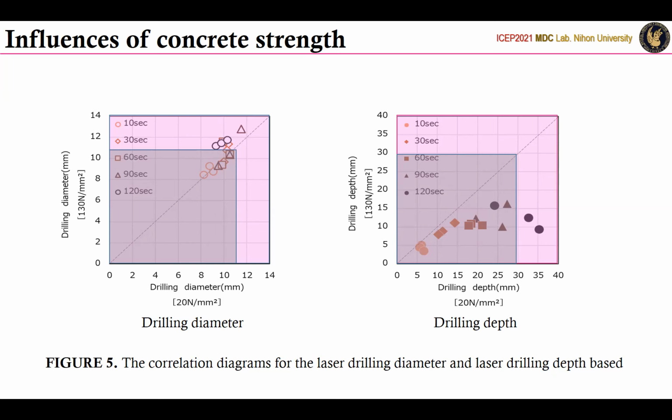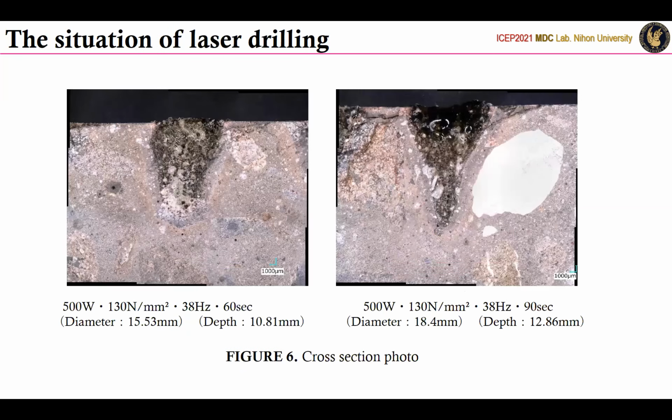To find out the cause of this, a cross-section photograph of a test piece obtained by laser drilling high-strength concrete is shown. This is a 130 Newton concrete test piece with the same frequency but different time. Left side is 20 seconds. Right side is 19 seconds.